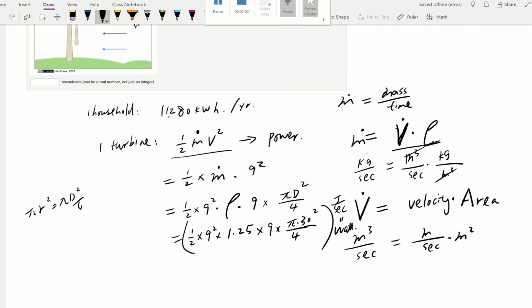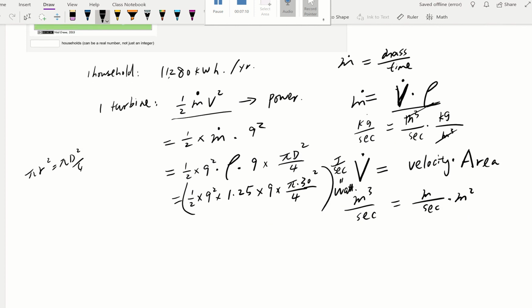In order to figure out how much energy is produced by this one turbine installation during the course of 1 year, we're going to use this entire value right here. Then we're going to multiply by how many seconds per hour. 1 hour is 3,600 seconds: 1 hour, 60 minutes, each minute, 60 seconds.